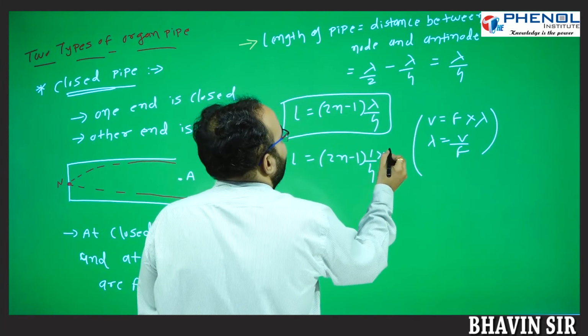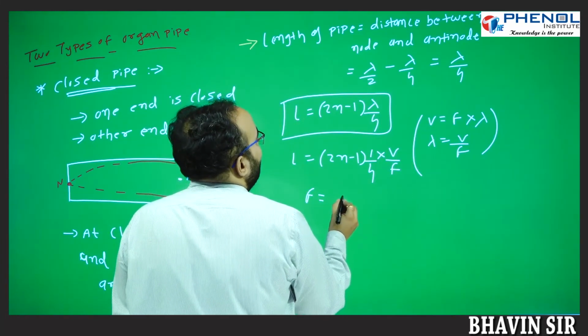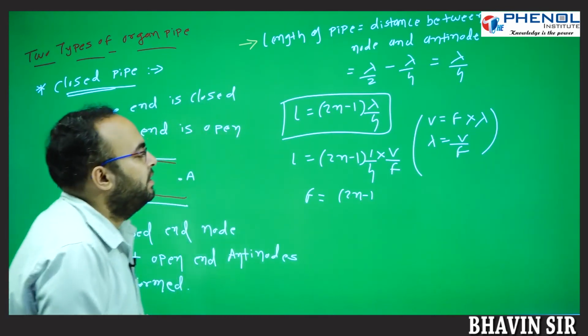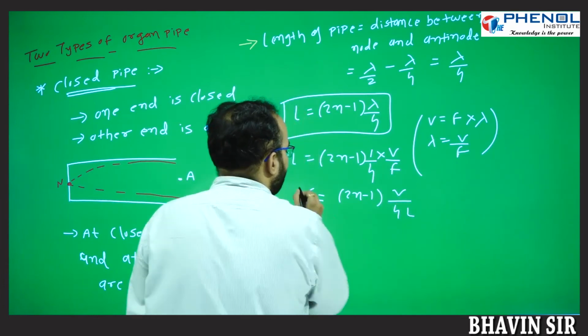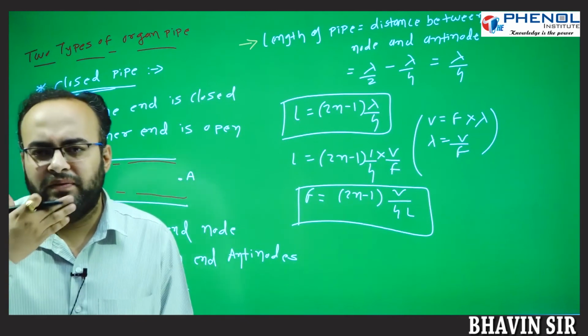In place of lambda we write v by f, so what is the frequency? 2n minus 1 v by 4l.